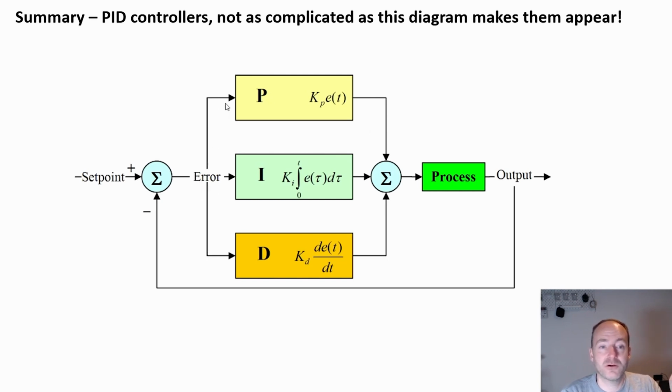For the P component, we took that error and we times it by our constant, our Kp. For the integral term, we integrated all those previous errors and times it by our Ki term. And for the differential term, we took that error and we differentiated it and then multiplied it by our Kd term. Then we took those three P, I and D components, we summed them together, and we used that value to adjust our process.